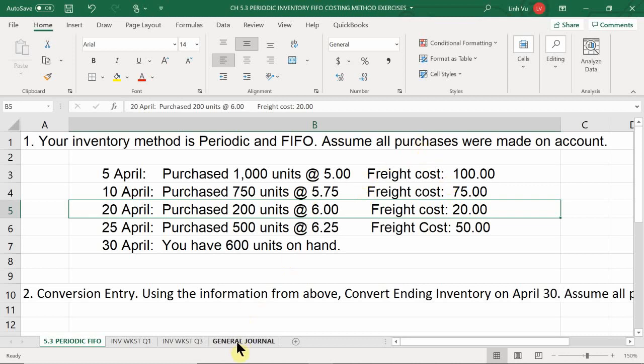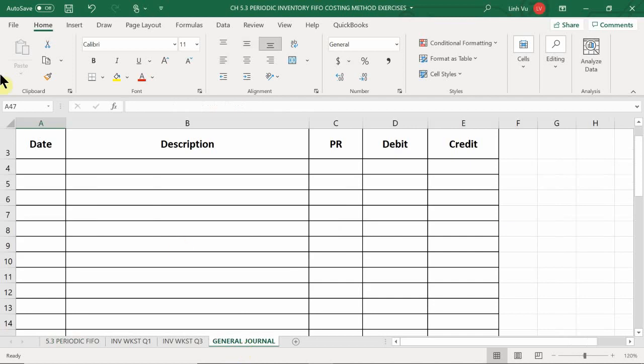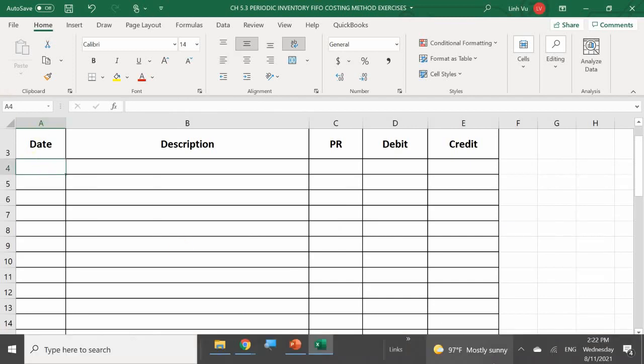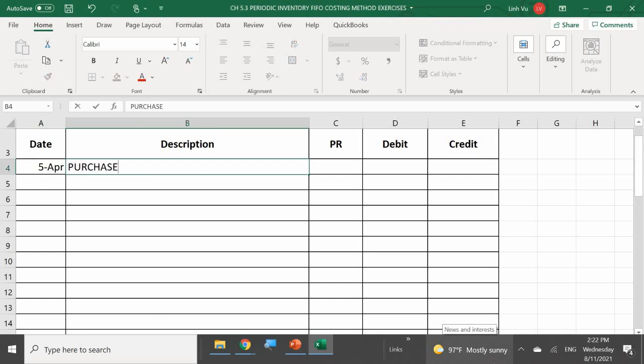Okay, so let's start with the journal first and practice journalizing that. So on April 5th, what did we do? We purchased. So what account are we going to use? Purchase expense. Good. What else are we going to recognize? And we have a freight.